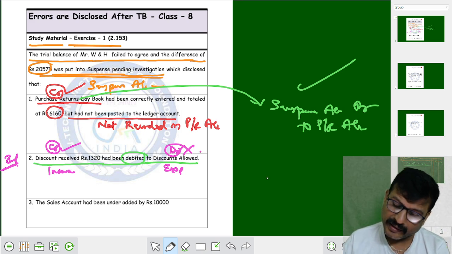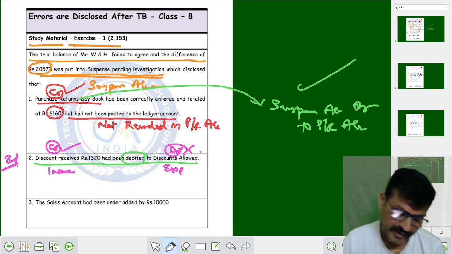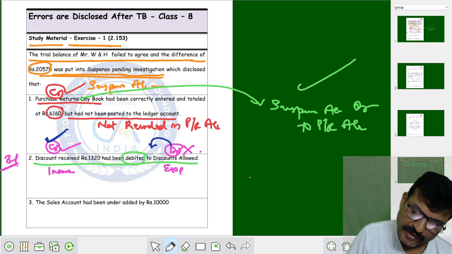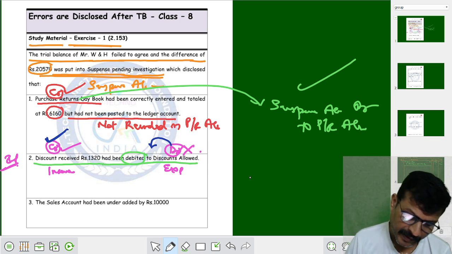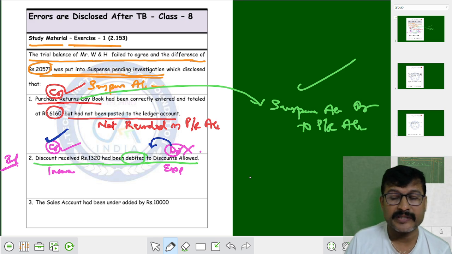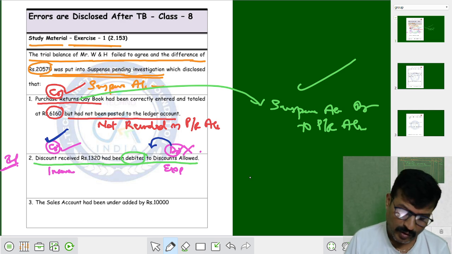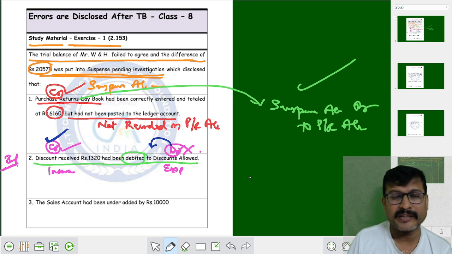As per the norms of rectification of errors, keep the correct in the same place, shift the wrong to the opposite place. Now what happens? Discount received comes in credit. Discount allowed, since it is a wrong debit, is taken to the credit side. So both come on the credit side.